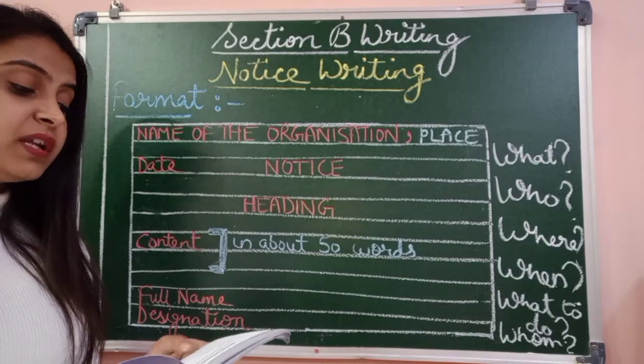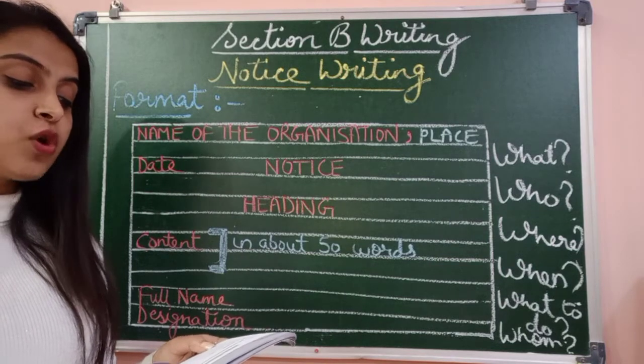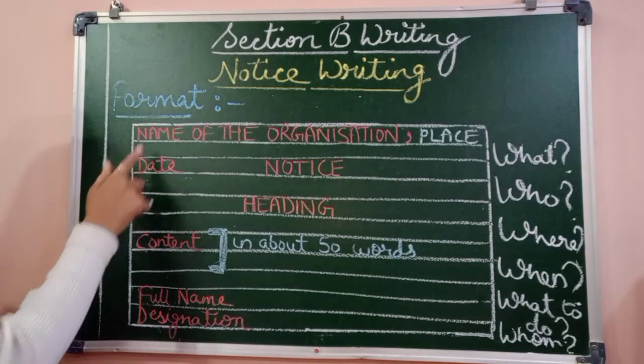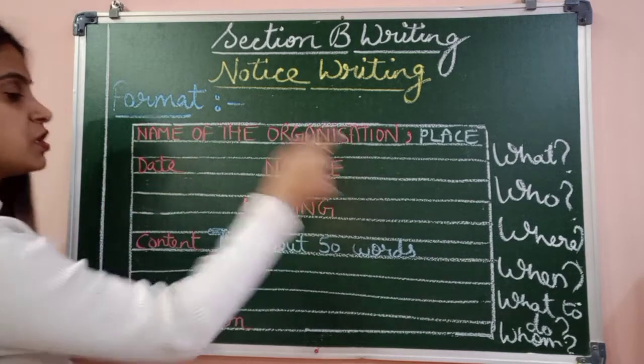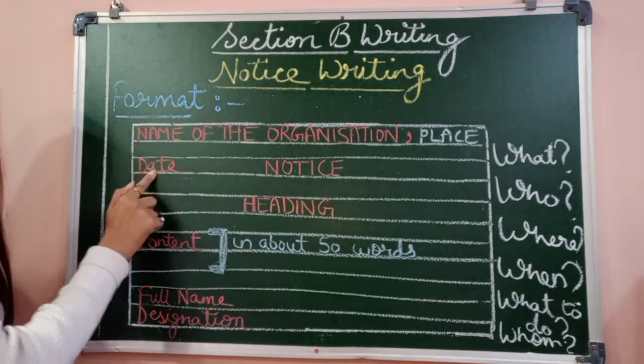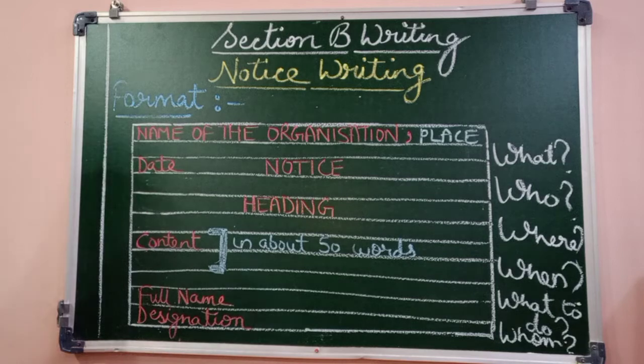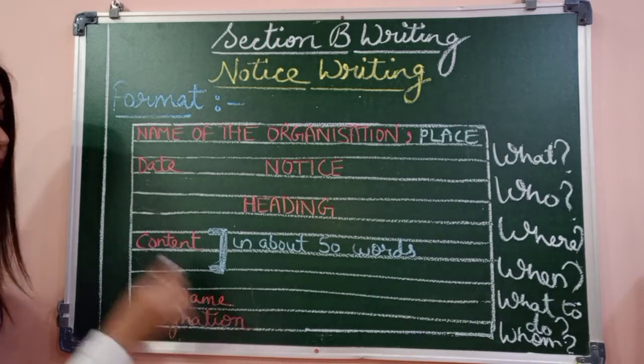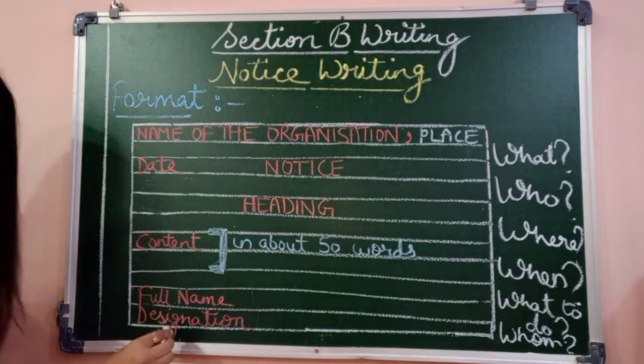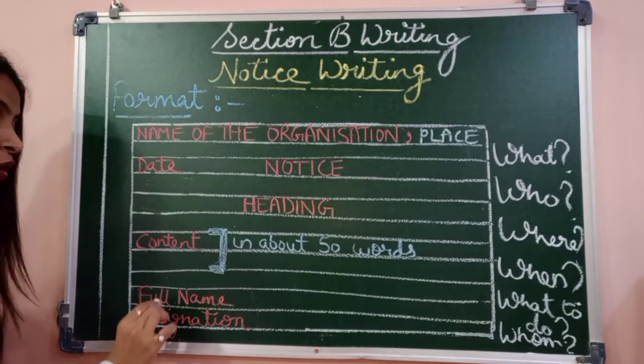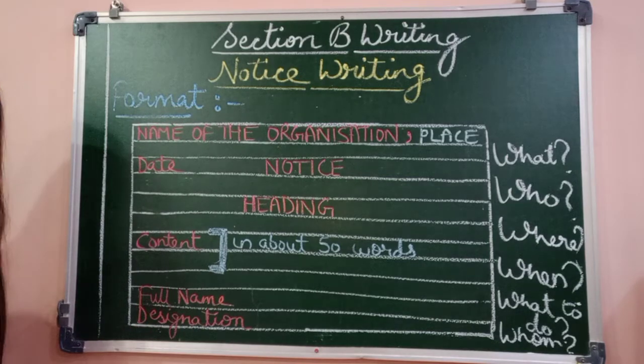Then it is written that the date must be mentioned on the top left. After the name of the organization, you have to leave one line and mention the date. Then the notice must carry the signatory designation on the bottom left, in block letters. It is not necessary to write in block letters; you can also write in sentence case, in normal handwriting.